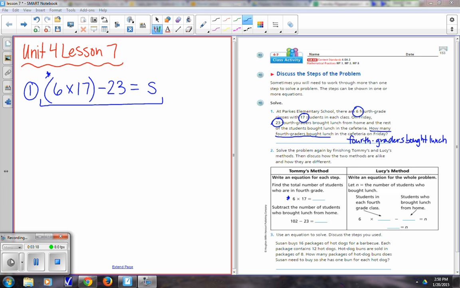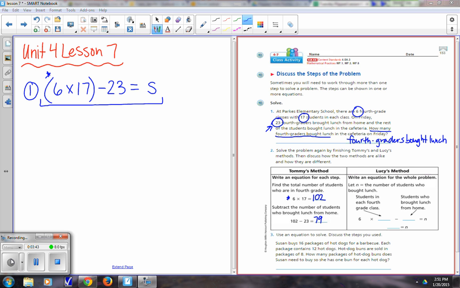So 6 times 17 should have equaled 102. Then Tommy subtracted the 23 who brought lunch from home from the total number of 4th graders, and that answer was 79.